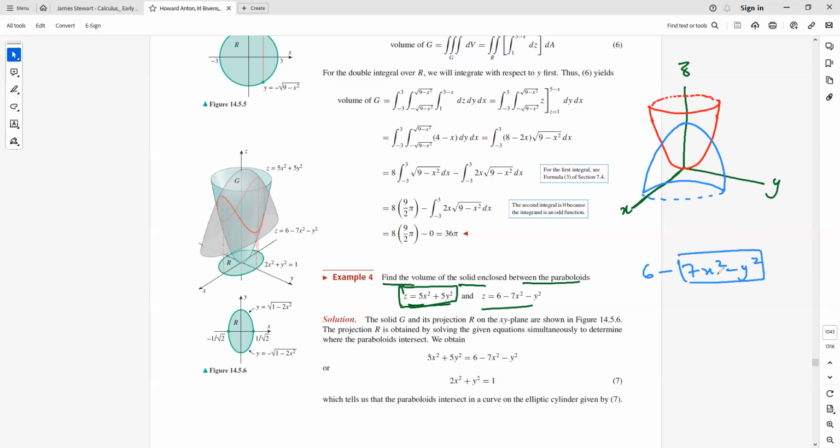The cross-section of the first paraboloid is circular, because here we have 5x squared plus 5y squared, right? Now the region enclosed between these two paraboloids is this region here. It is enclosing some volume like this, and we need to find this volume.